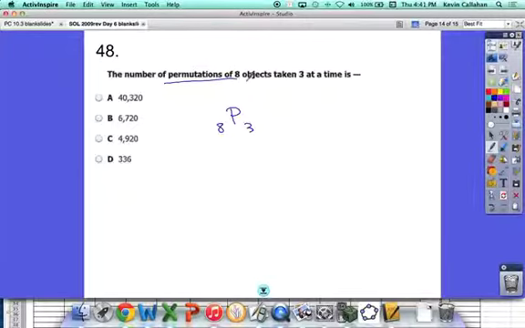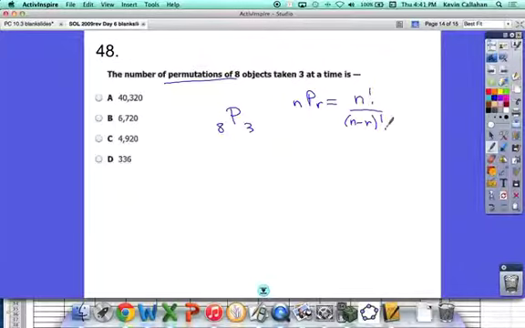Now, I should say that there is a way to calculate this without using your calculator. You have that on your formula sheet too. nPr equals n factorial over n minus r factorial.